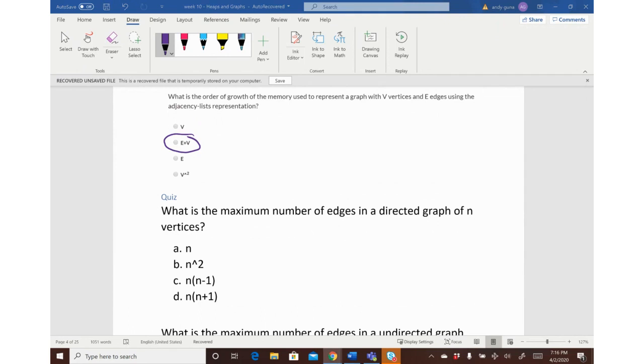Okay, start working on that problem. We want to know the maximum number of edges in a directed graph of n vertices. Is it n squared, n times n minus 1, or n times n plus 1?